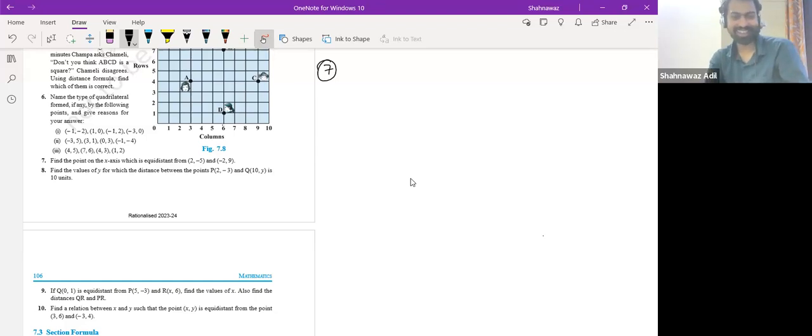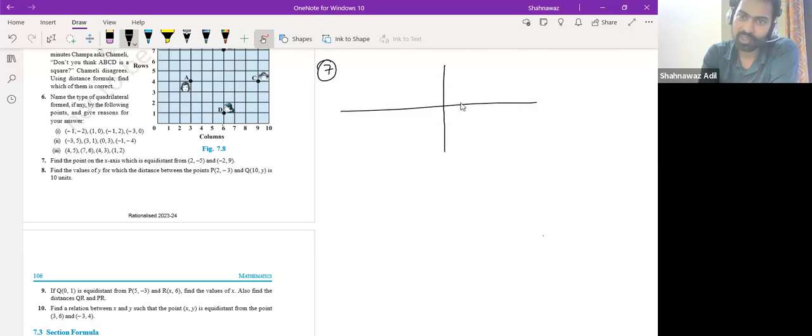Okay. So Tala, this is your question, right? Find the point on the x-axis which is equidistant from this point and this point. So let's say that you have 2 comma minus 5. You have this x-axis, and 2 comma minus 5 is, let's say, in here.